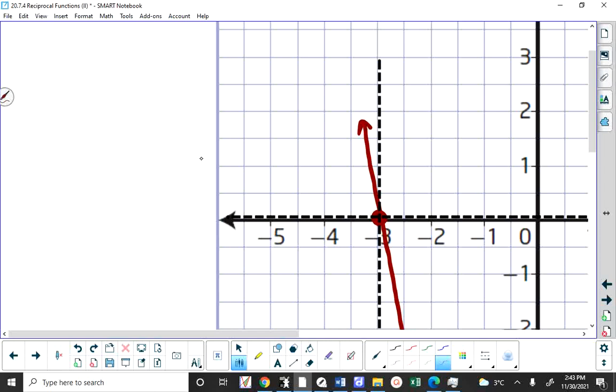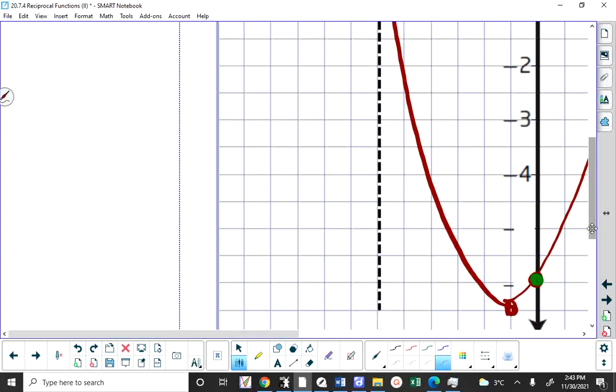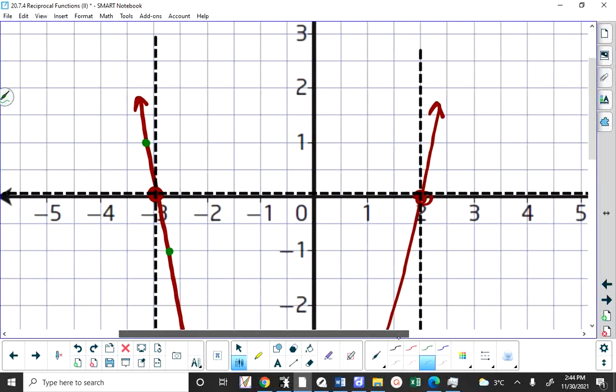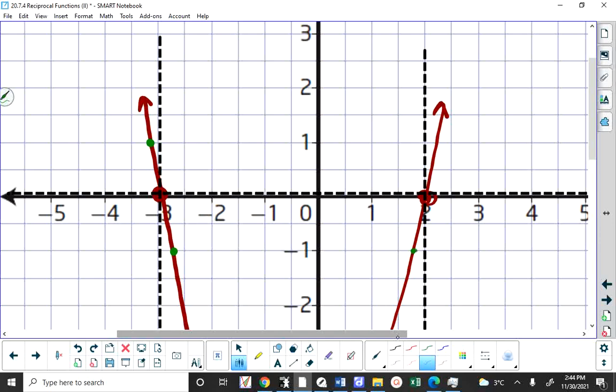While I'm waiting for my computer to catch up, perhaps you can do me a favor and indicate where the invariant points are going to be. There it is. You're going to have invariant points here and here, because those two places have y coordinates of 1 and -1.